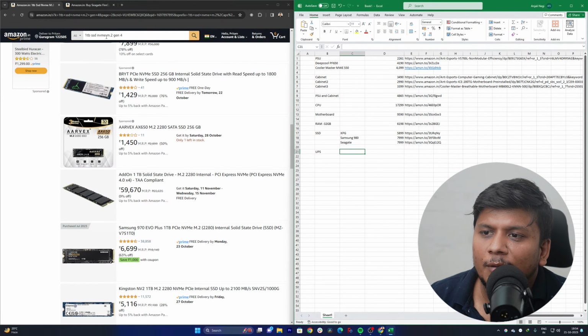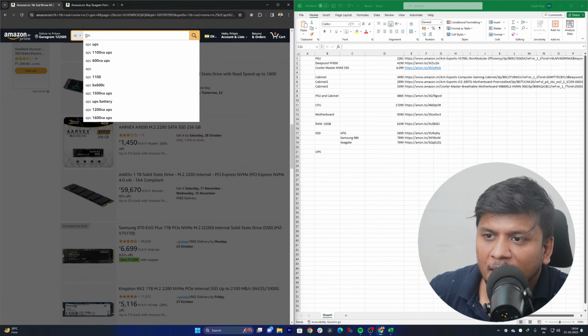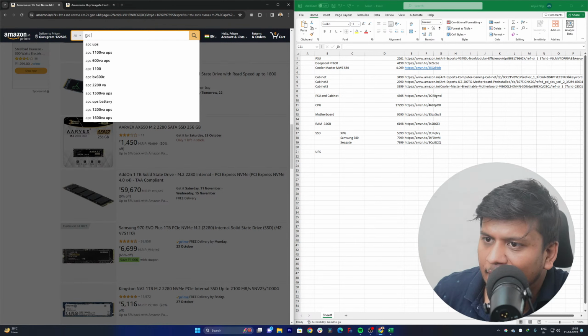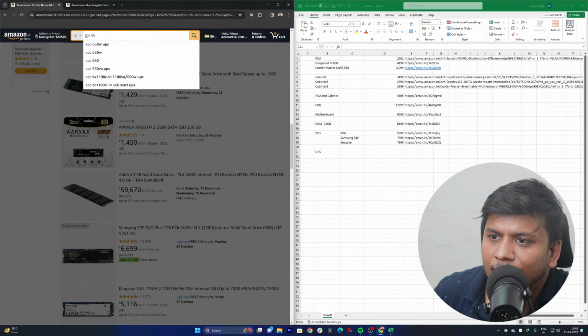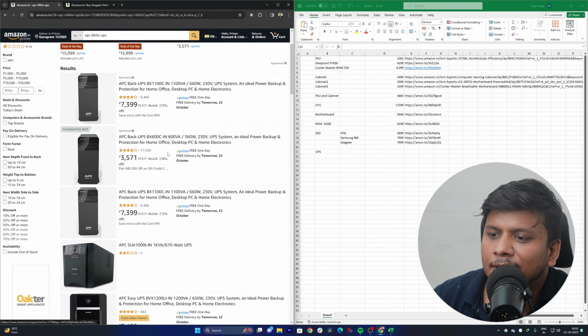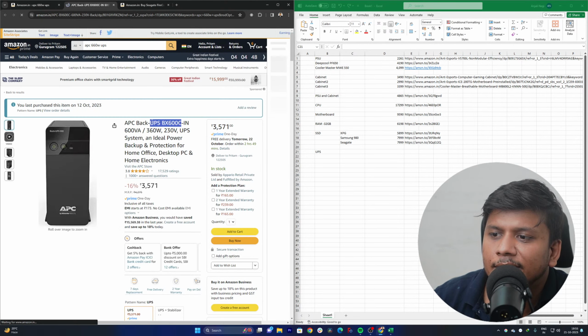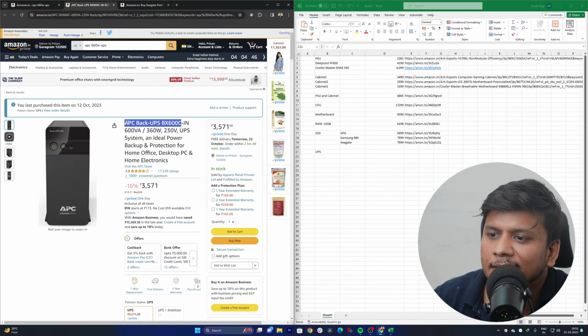Okay, now coming to the UPS, let me show you my favorite one, and I am pretty sure that it will work just fine with this configuration, which is the APC BX600CIN.